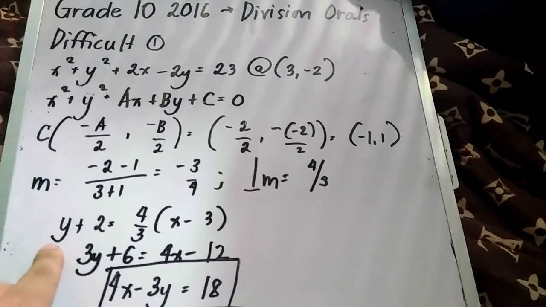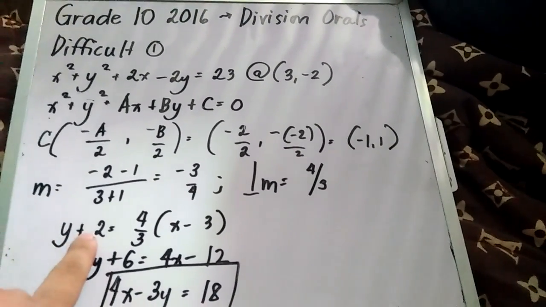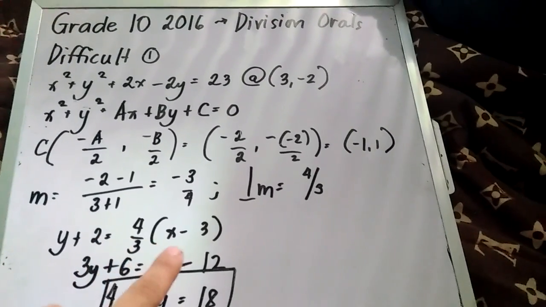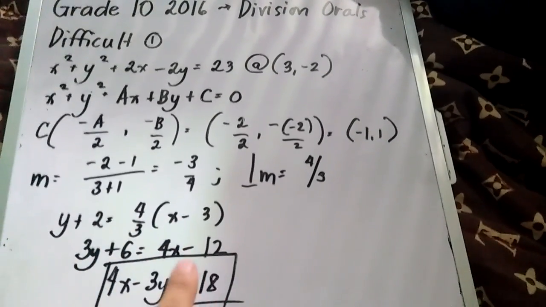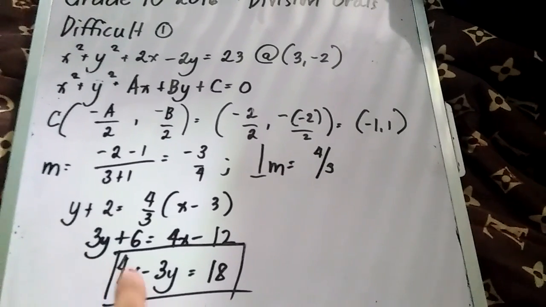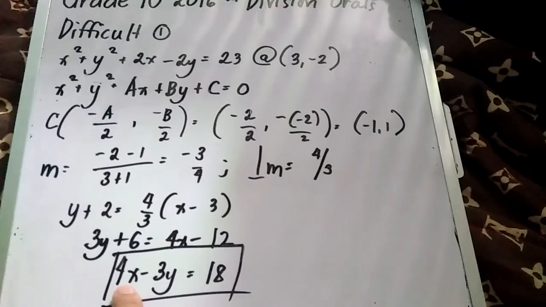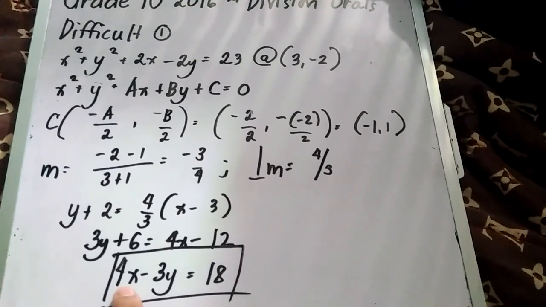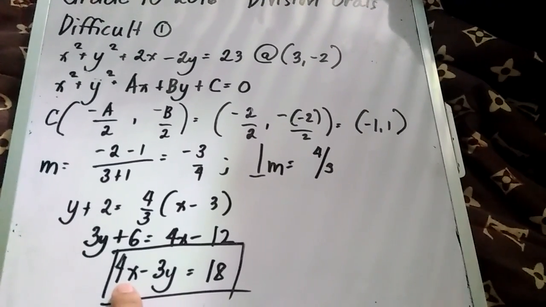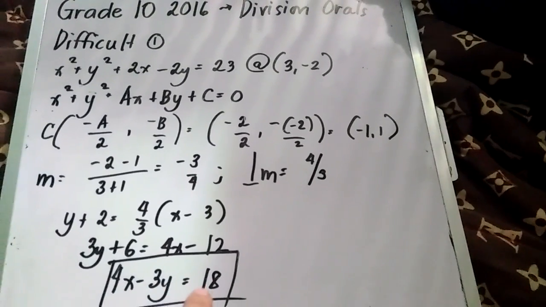Then you just use the point-slope form, y plus 2 equals m times (x minus x sub 1), or 4 over 3 times (x minus 3). Upon simplifying, we have 4x minus 3y equal to 18. Take note that the coefficient of x should be positive since it was given in the problem that a is a positive integer. Therefore, the answer is 4x minus 3y equals 18.